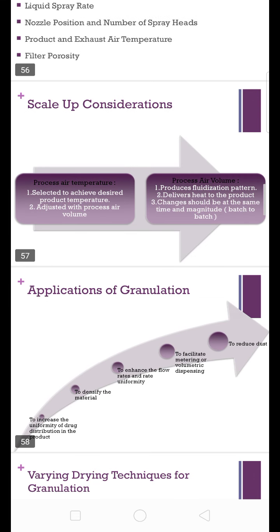Now, in case of scale up consideration, what is required is air temperature and air volume. Two parameters need to be controlled: air temperature and air volume. Why? Because proper air temperature is required to achieve the desired product temperature, right?